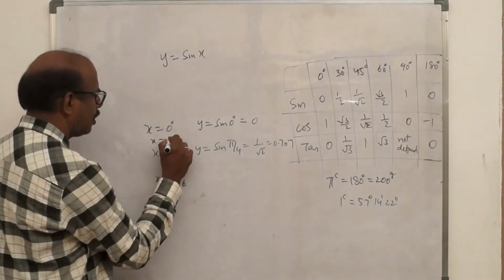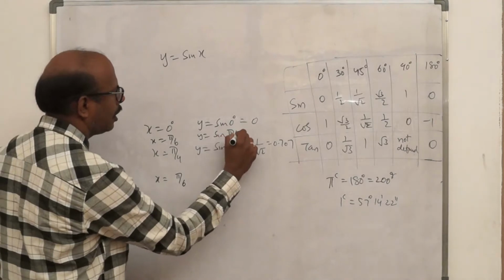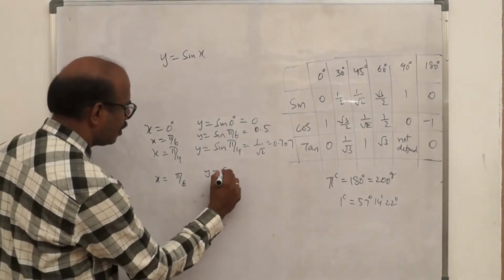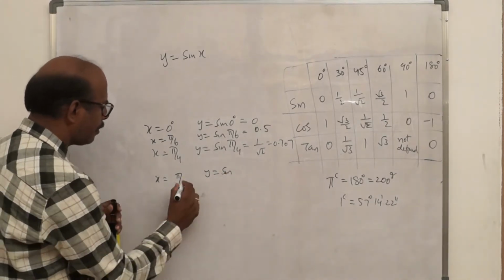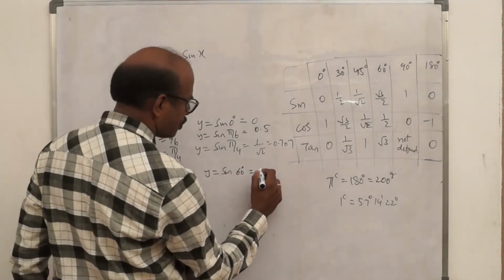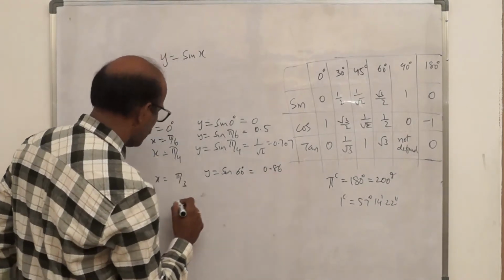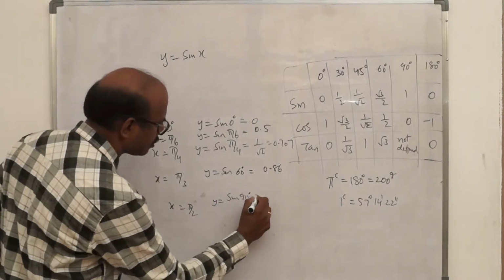For x equal to 30, pi by 6, y equals sin 30, which is 1 by 2, 0.5. Pi by 6 means 30, pi by 3 means 60, where sin is root 3 by 2, 1.732 by 2, 0.86, and for x equal to 90, y equals sin 90 degrees, which is 1.